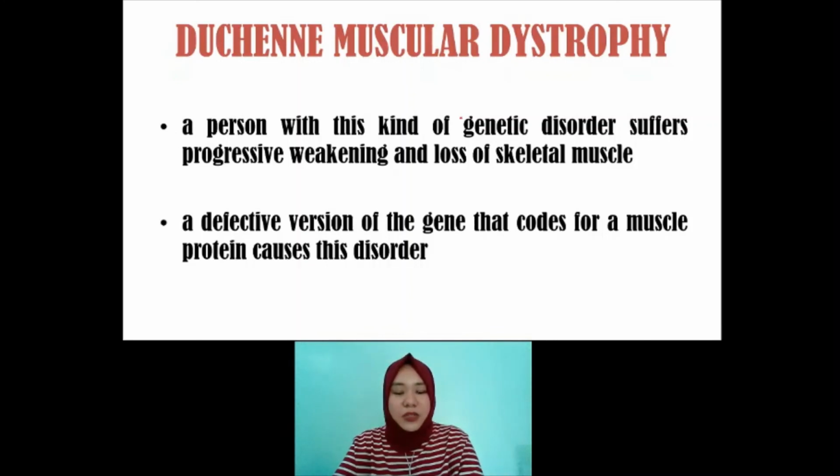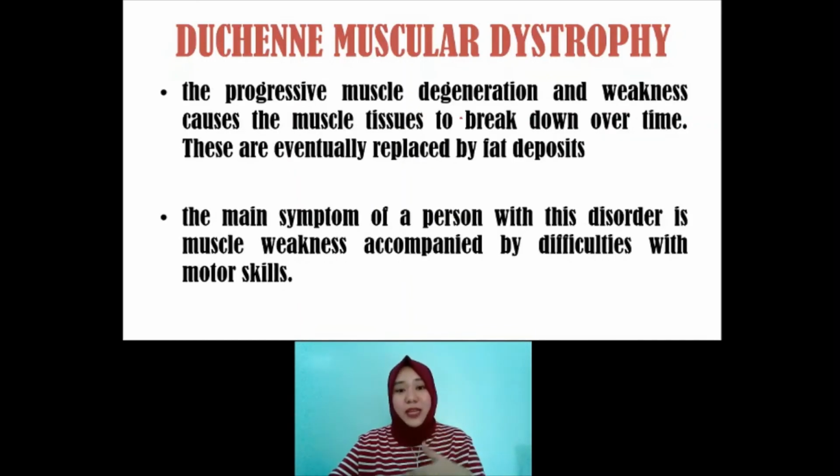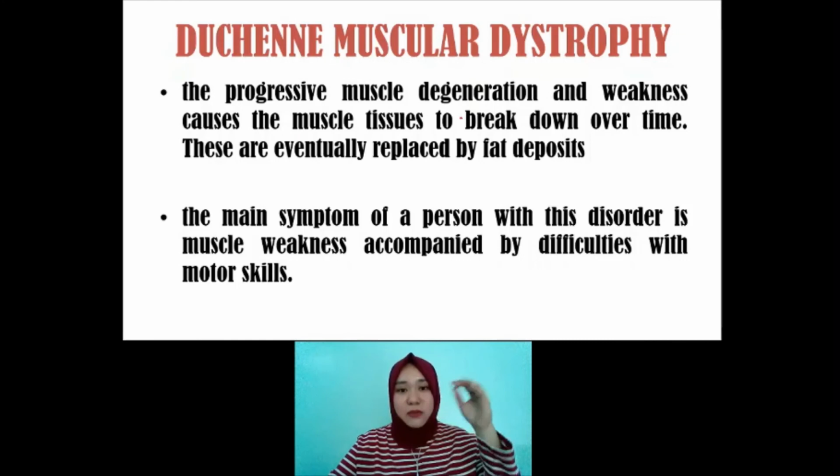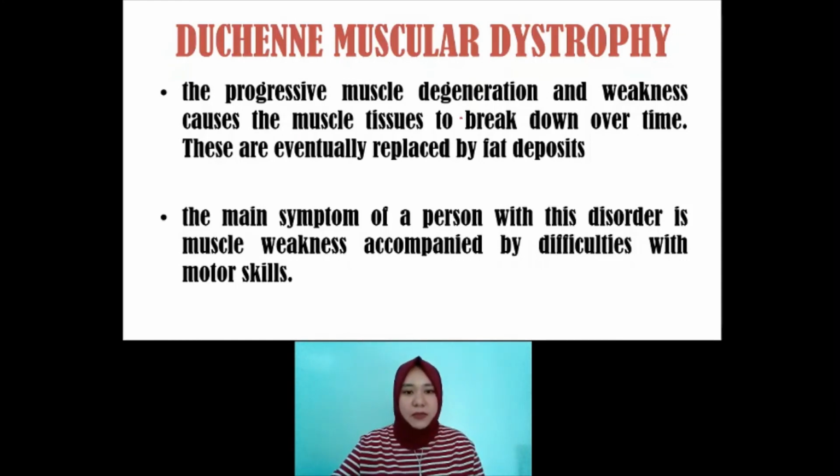So a person with DMD has one of the genes that codes for a muscle protein defective. Their muscles are weak compared to people that are normal or don't have DMD. The progressive muscle degeneration and weakness causes the muscle tissues to break down over time.